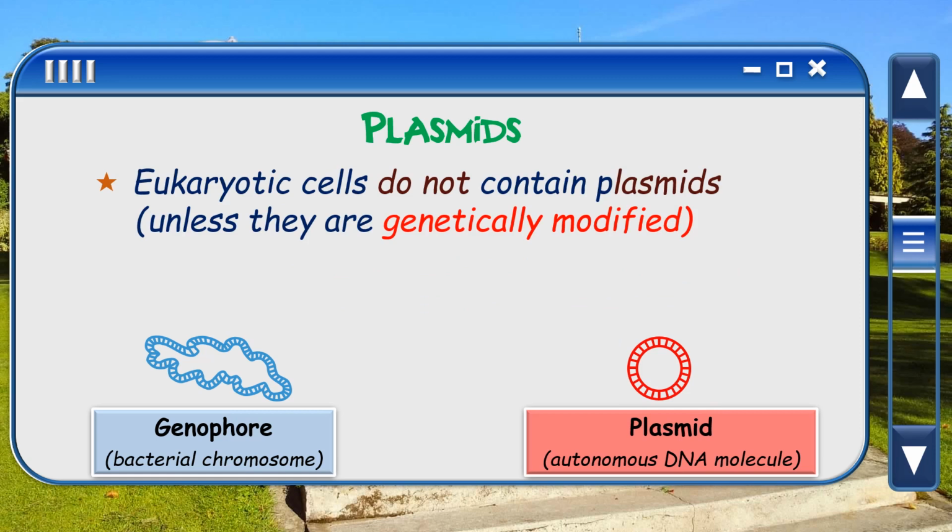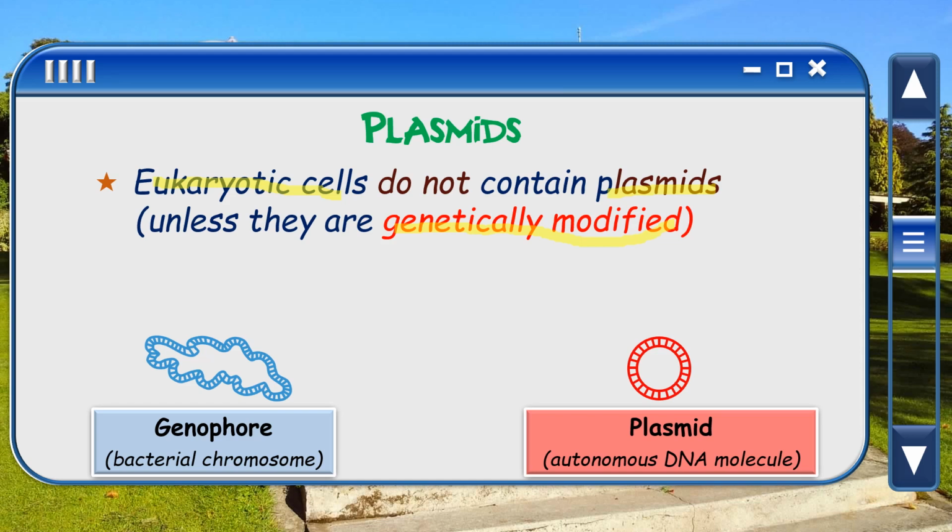Eukaryotic cells do not contain plasmids, unless they are genetically modified. Eukaryotic cells are cells that contain membrane-bound organelles, and their DNA is enclosed in a nucleus.